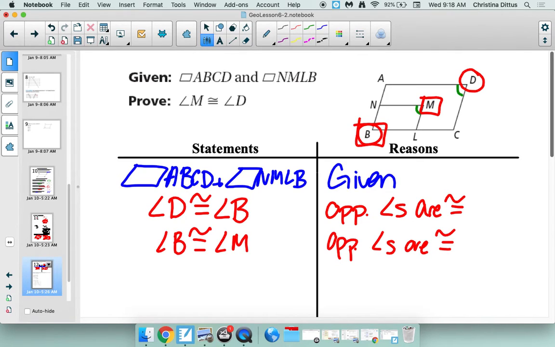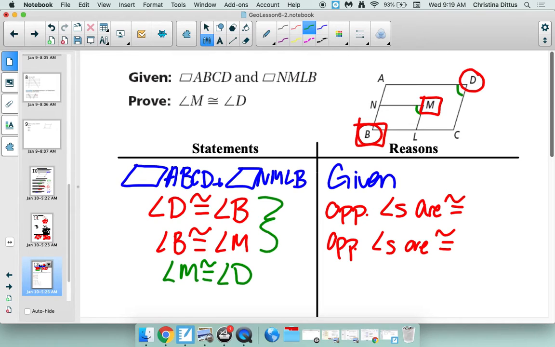Okay, here's where we're testing you. There's a one-word reason as to why we can do this. Why can I say that M is congruent to D? Using these two things, what do they both share? Angle B. Do you remember what we talked about, that property when I take out the middleman and just the outsides?